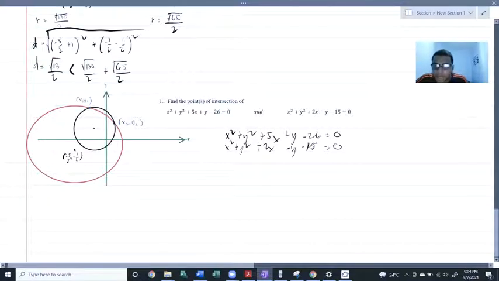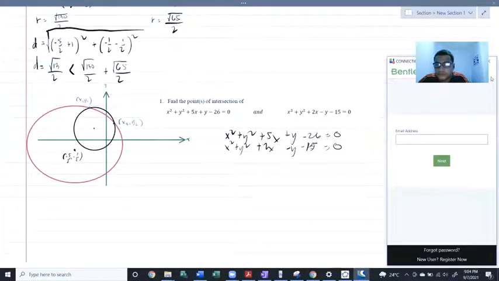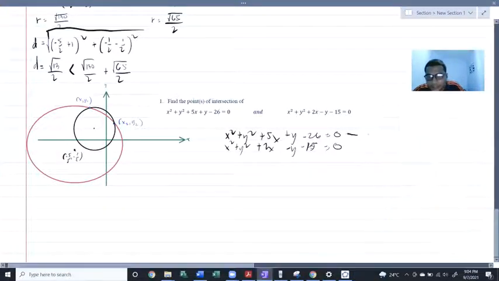As you can see, we have common terms, x squared and y squared. Let's say this is our equation 1 and this is our equation 2. We can eliminate the x squared and y squared by simply subtracting equation 2 from equation 1.